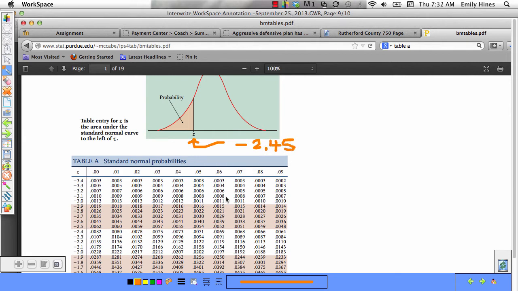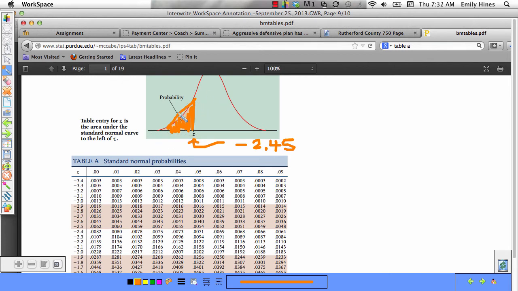2.45. Okay, and I want to find the proportion of values that are under negative 2.45, so that are further away from the mean than negative 2.45. It's also the probability of getting a value that is this far or below away from the mean.